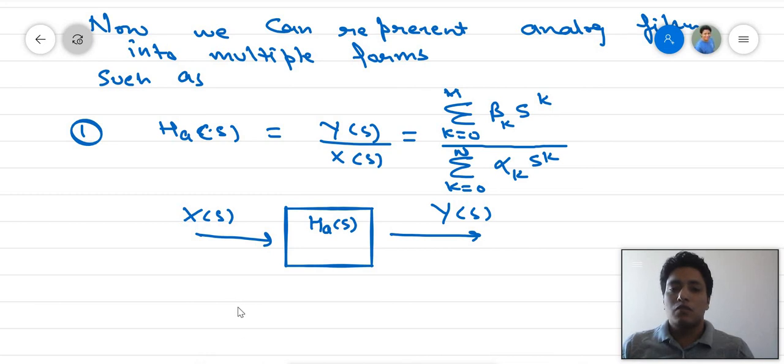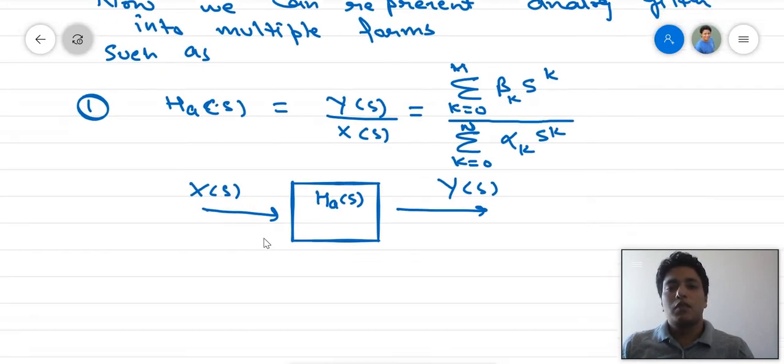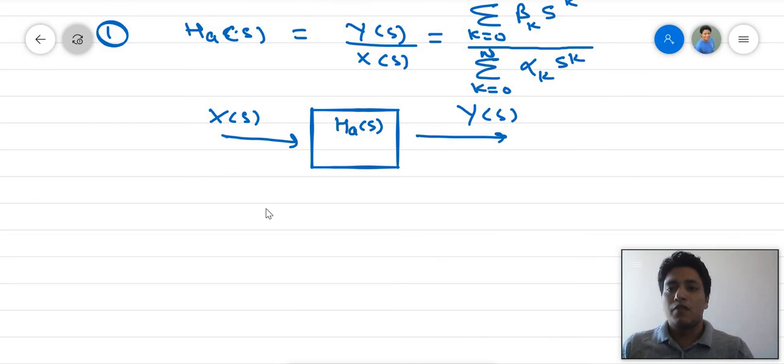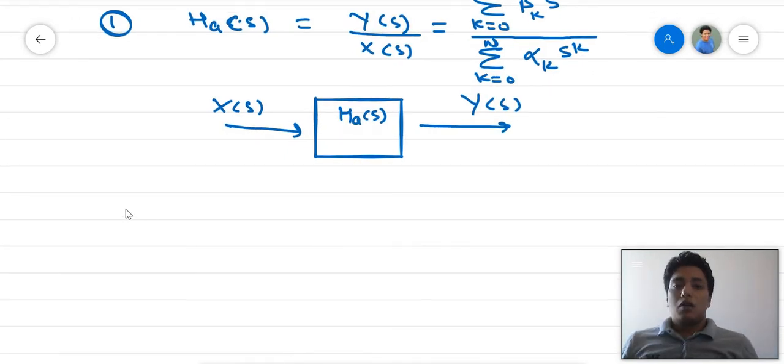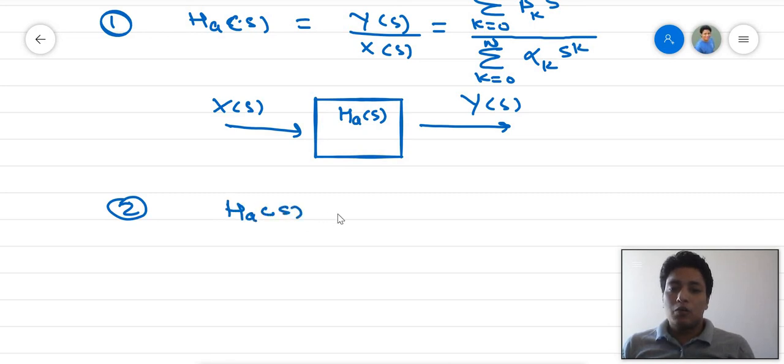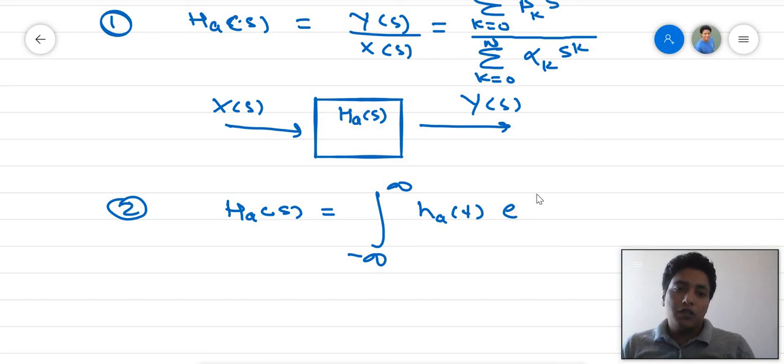So this is one case in which we can represent the transfer function of an analog filter. In the second form we can directly write H_a(s) equals integral from minus infinity to infinity of h_a(t) e^(-st) dt.